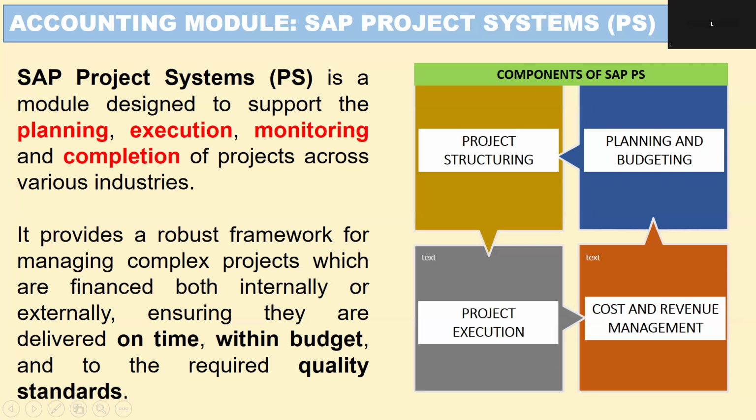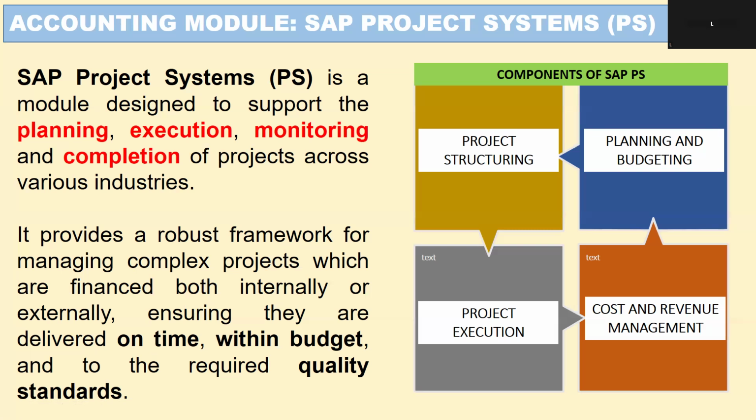the required quality standards. If you recall, when we were talking about the cost centers, we said we could assign a WBS element to that particular cost center. So for instance, if it's a project, you can assign a particular WBS to that cost center, and also the same WBS to a profit center.